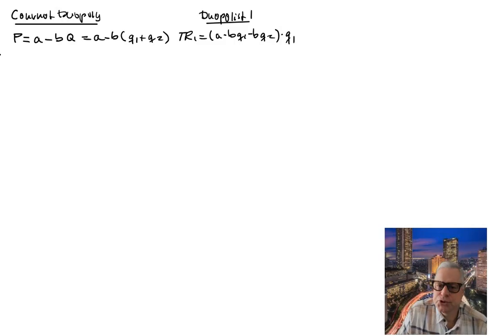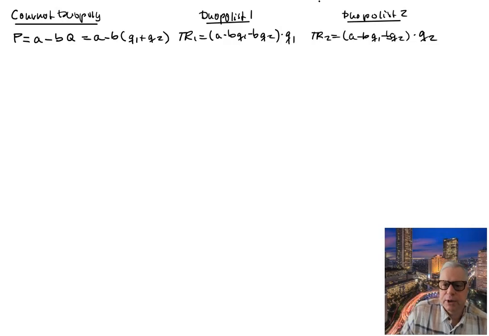For duopolist 2, it would be similar. Total revenue of duopolist 2 is A minus BQ1 minus BQ2, I forgot the B, and now I multiply times Q2.